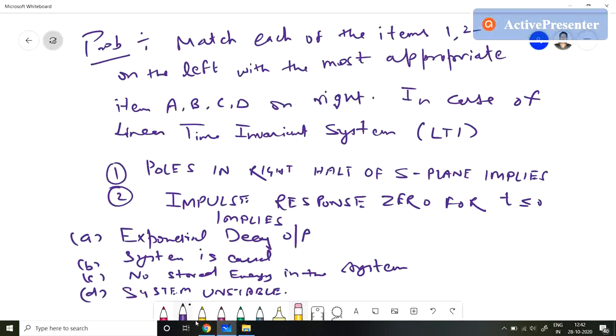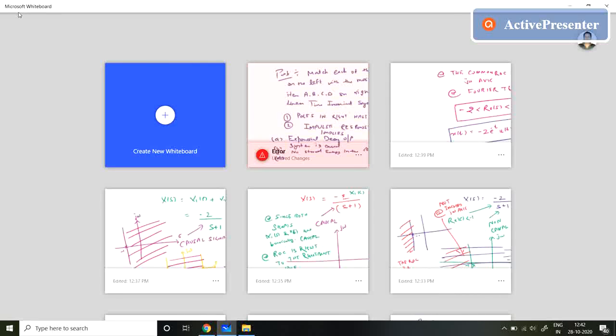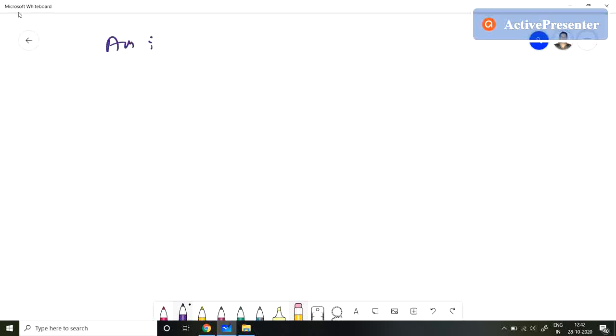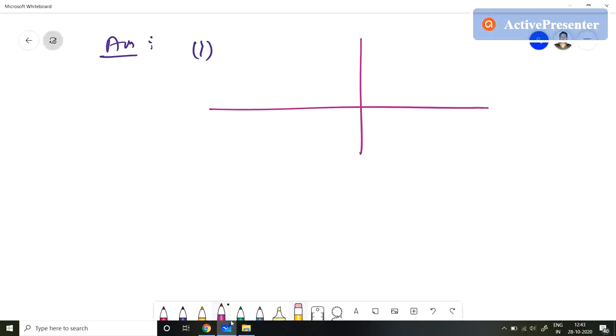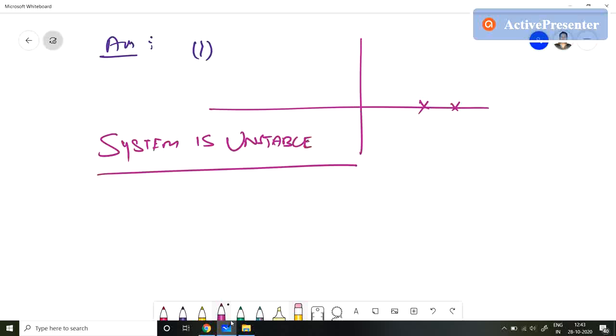So if we see the solution of this problem, the first one is that poles in the right half of the S plane. If a pole exists in the right half of the S plane, it means the system is unstable.